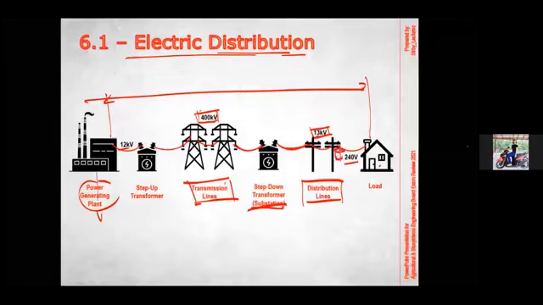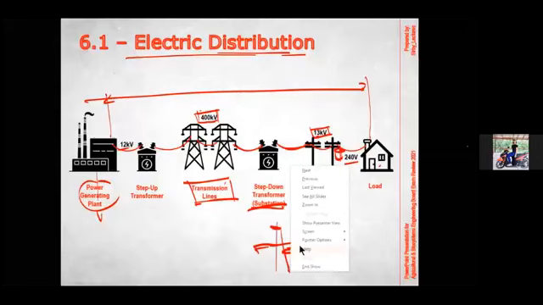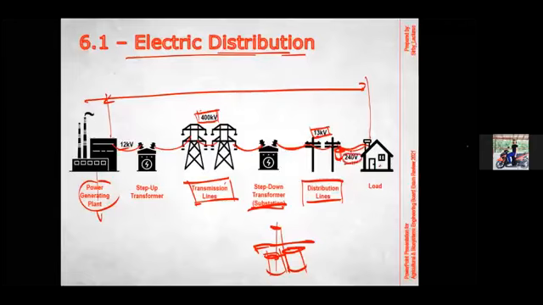There are other transformers, the ones you see on the distribution post, where it has this drum-like component. Okay, and that's the transformer. Because of that transformer, the voltage can be dropped to 240 volts.